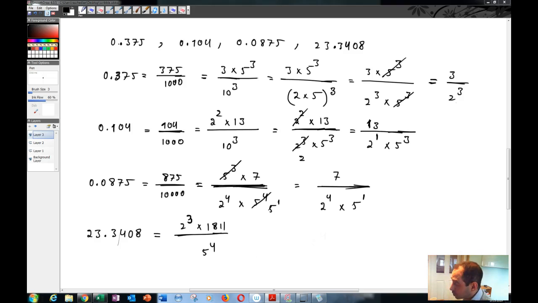So basically, to add a little more to this, any real number which has a decimal expansion that terminates can be expressed as a rational number whose denominator is a power of 10, as you saw over here. And also the only prime factors of 10 are 2 and 5.